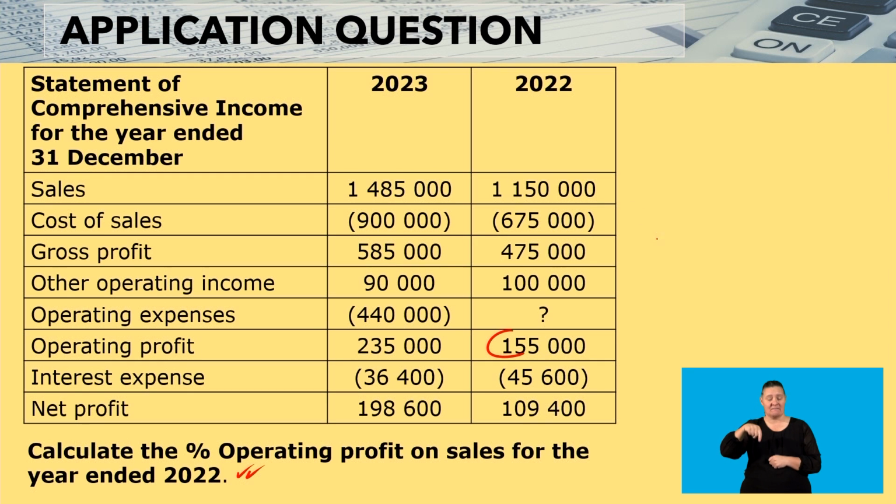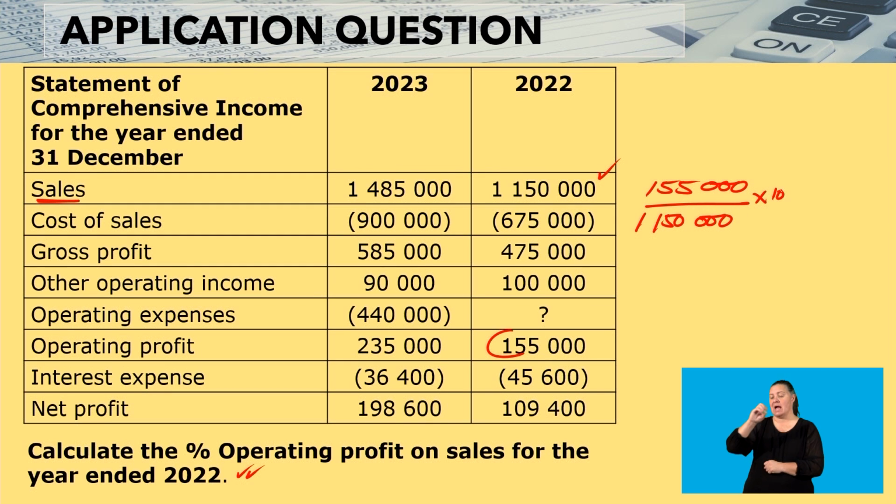So I take my 155,000 and divide it by my sales. Sales is given here: 1,150,000. Then I multiply this by 100 over 1.